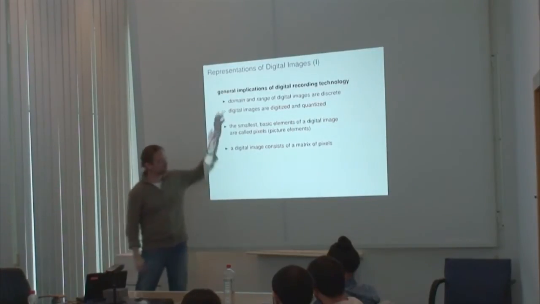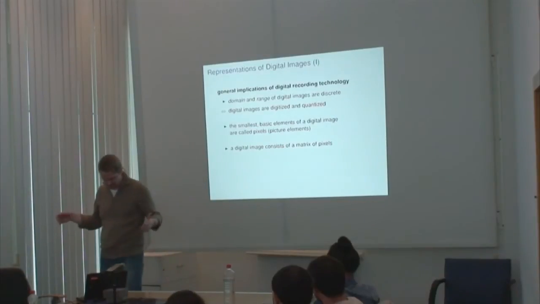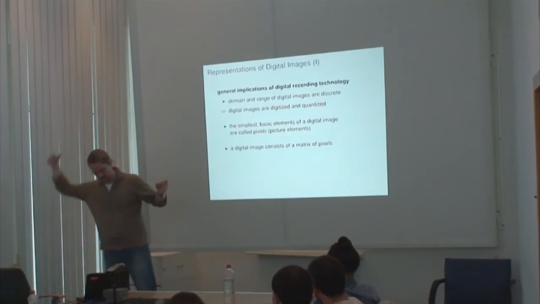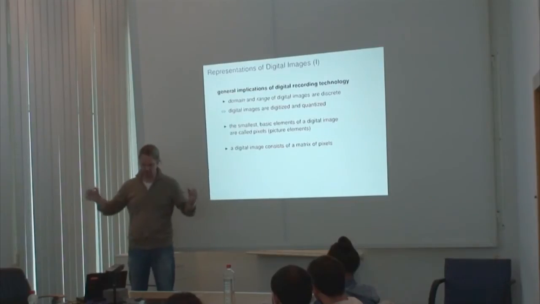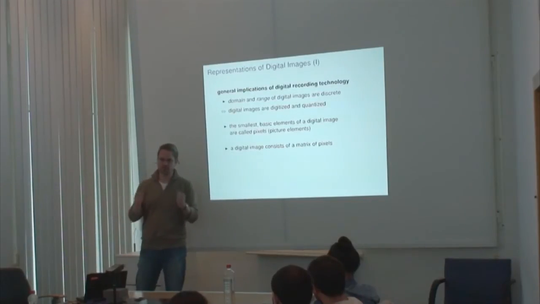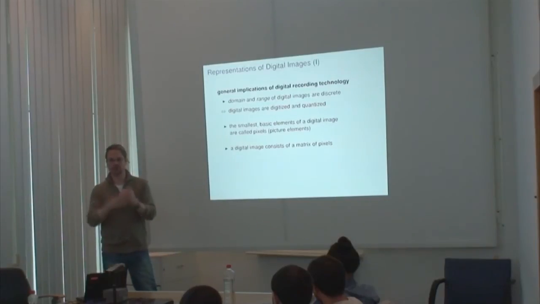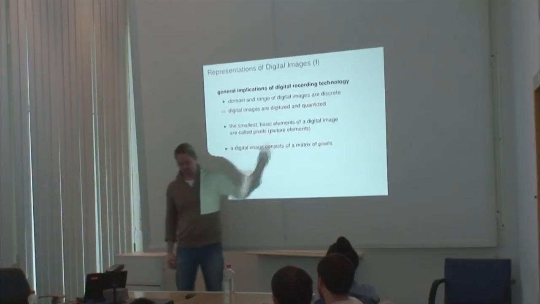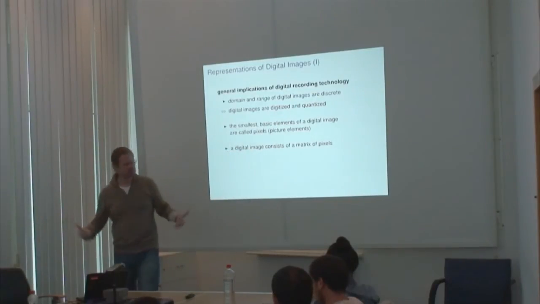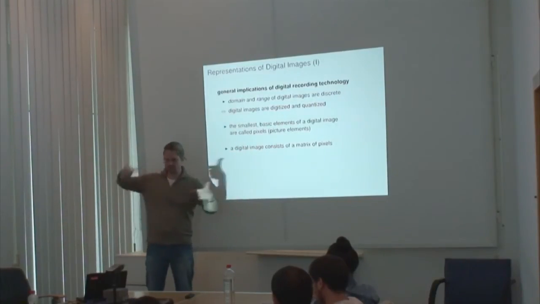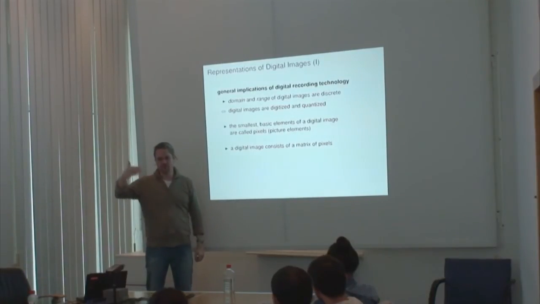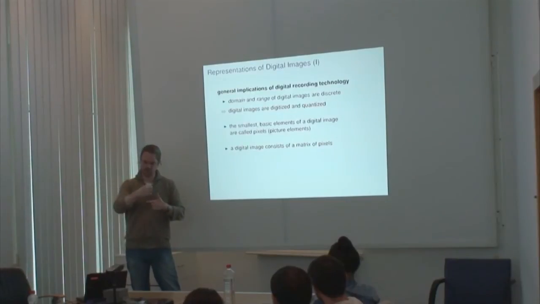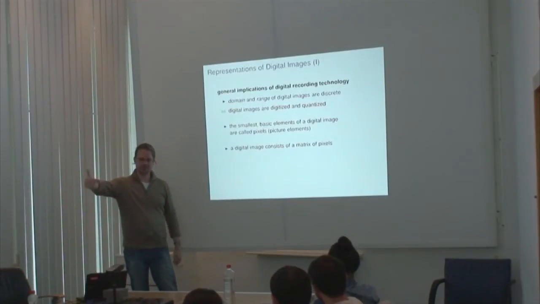And we already talked about the fact that we do not store anything between 0 and some large number of electrons, but we store them in packages. Right? We quantize the amount of charge that is being recorded by these elements. That is to say, a digital image is quantized. The domain resolution is something discrete, but also the values we can store at each point are discrete.